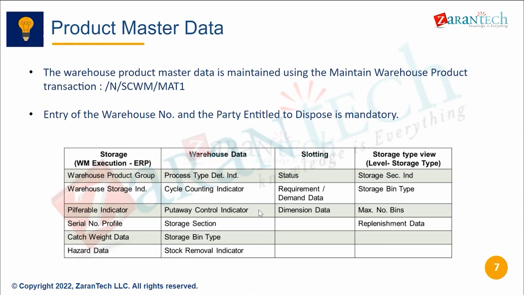If you need to have physical inventory for the materials using cycle counting, meaning periodically you need to do the physical inventory for the materials in particular bins, then these are the indicators you need to maintain. Then the putaway control indicator is where we maintain how the products will be put away into the warehouse.